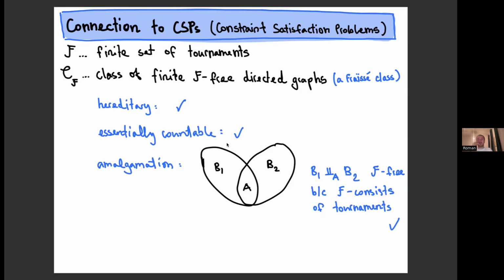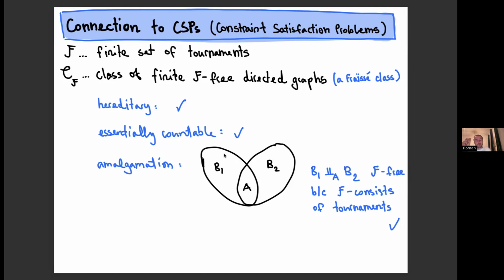Excellent. Okay. So I mean that there are just no edges between here and here. There are obviously edges from here to here and from here to here, but from here to here there are just no edges. And why is that again F-free? Well, suppose you have an embedding of some tournament into this big directed graph. In a tournament, every pair of vertices has an edge between them.